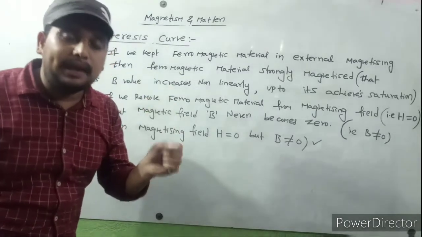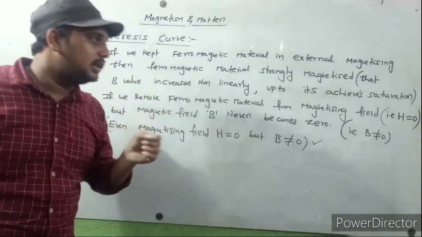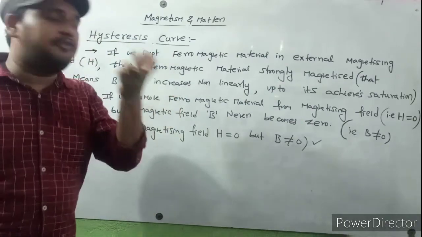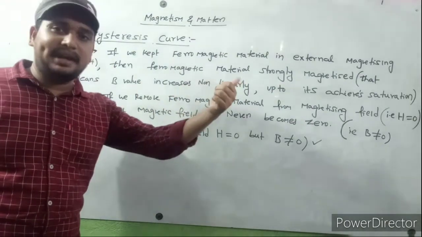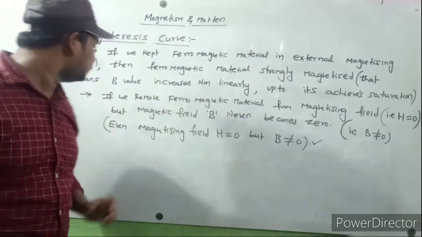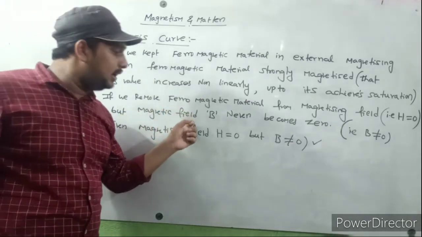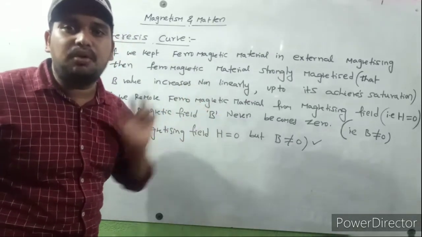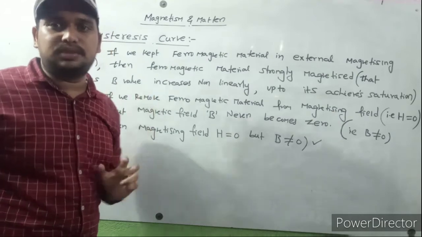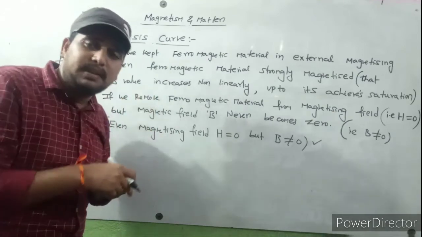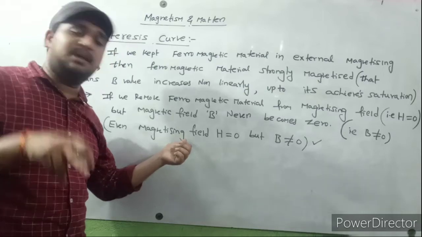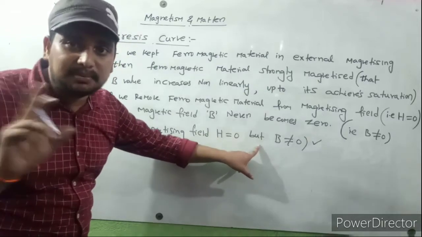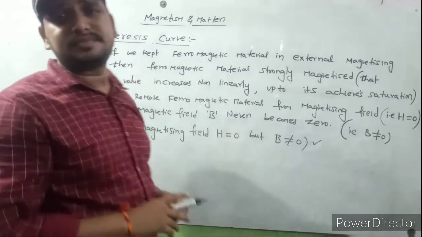If you remove any ferromagnetic material from the magnetizing field, that means the magnetizing field H value becomes 0. But the magnetic field never becomes 0. This is very, very important.